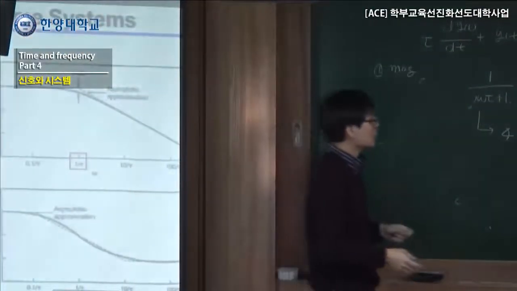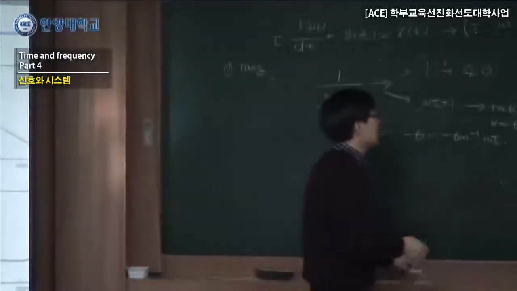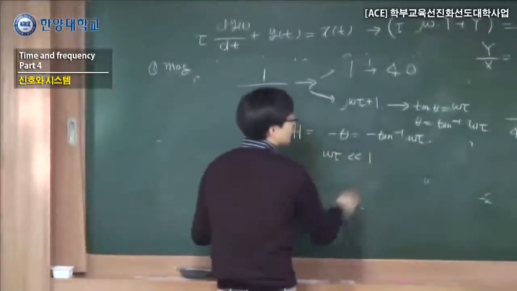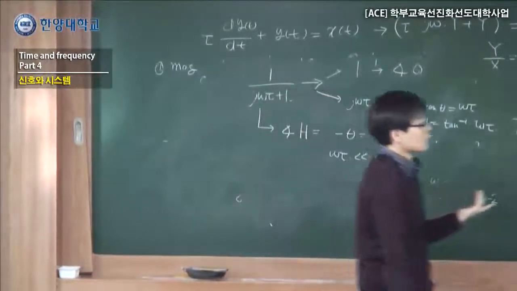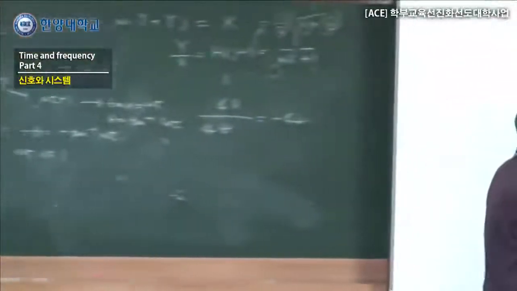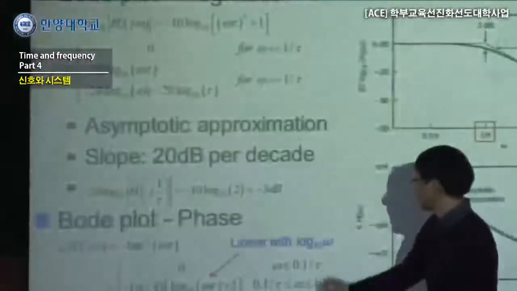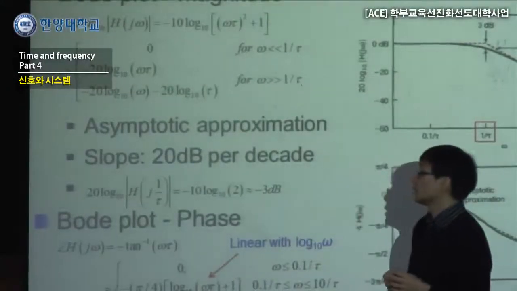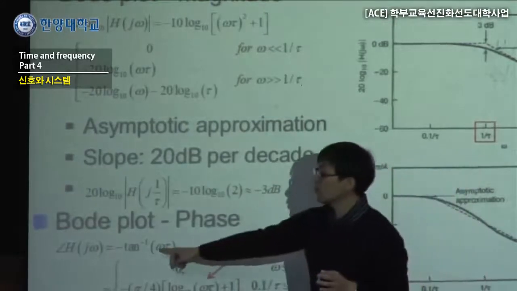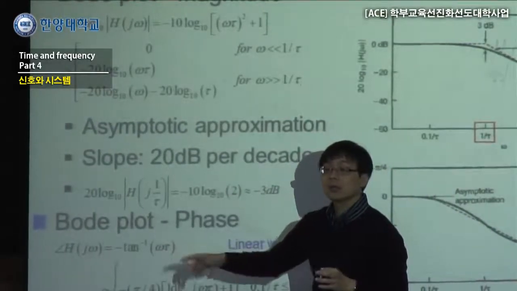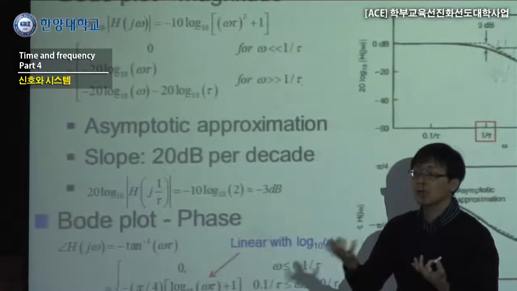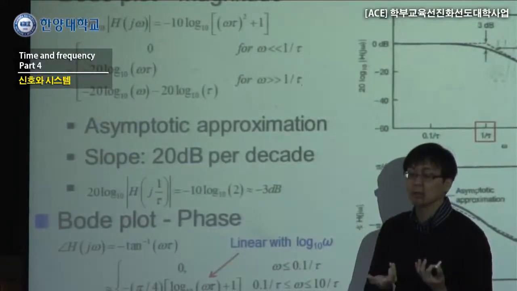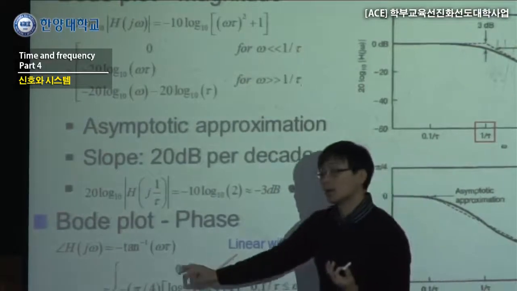And this one, let's do the same thing. Let's say omega tau is much smaller than 1, then it's very small. Then this one is almost negligible. So tangent theta equals a very small value, almost 0. That means theta will be 0.